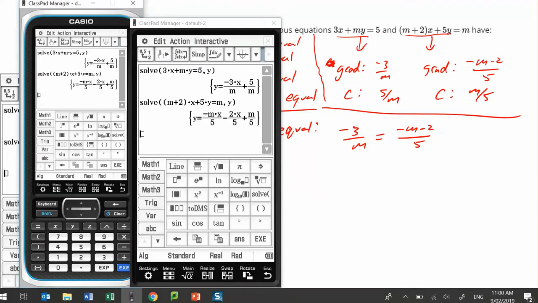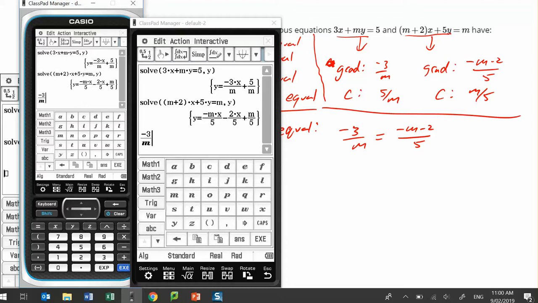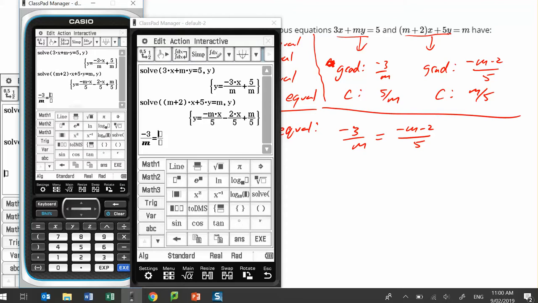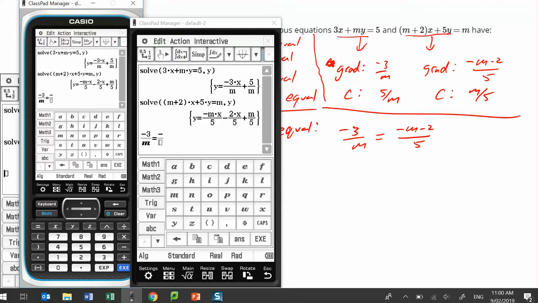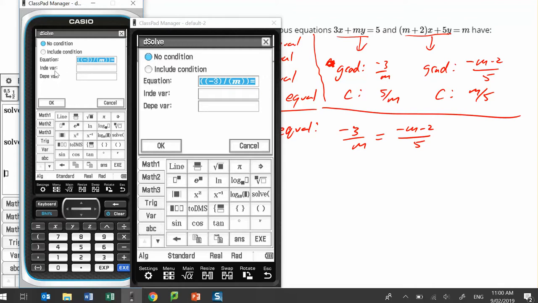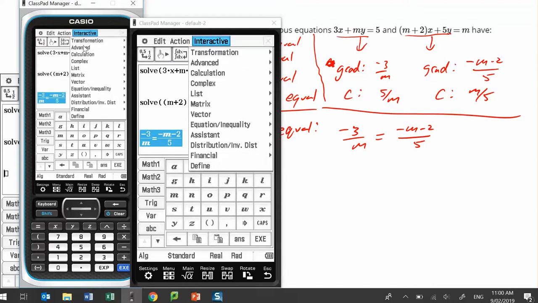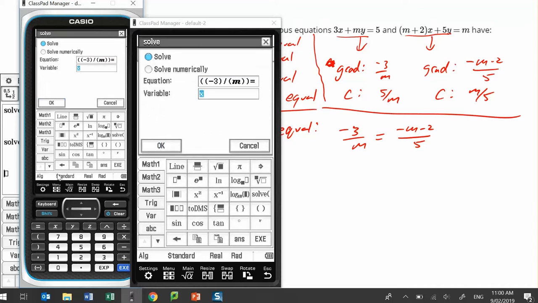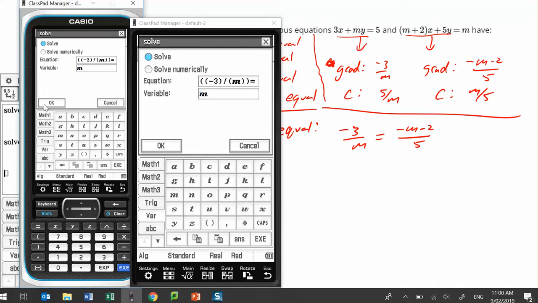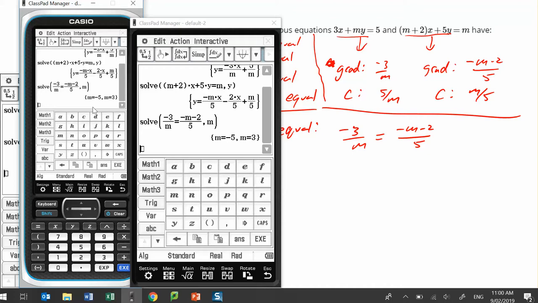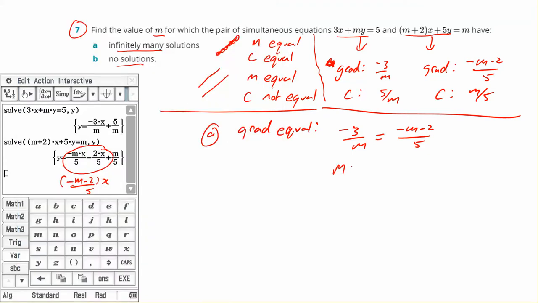So go fraction tool, -3 divided by m equals fraction tool, -m minus 2 over 5. And I'm going to go interactive and solve because I want to solve for m. Variable m. And you see m equals -5 and 3. So m equals -5 and m equals 3.